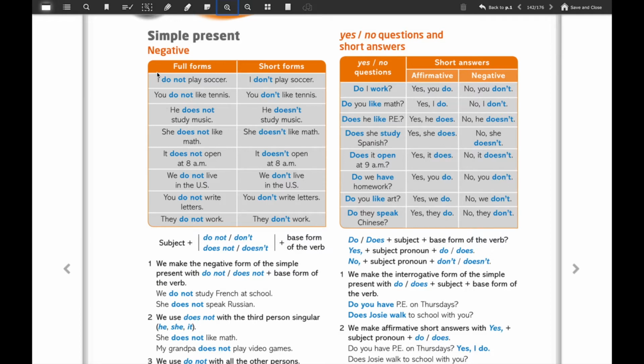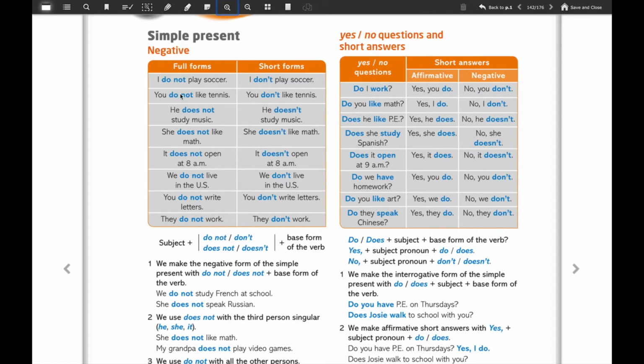So, we have the subject, and I need to know that the word I goes with do not, okay? I do not play soccer, but I could use a short form that is don't. I don't play soccer, okay? Then you are going to use it with do not again.